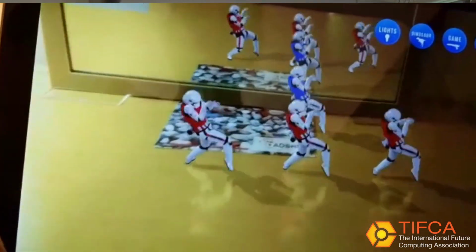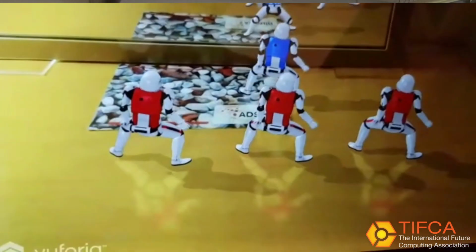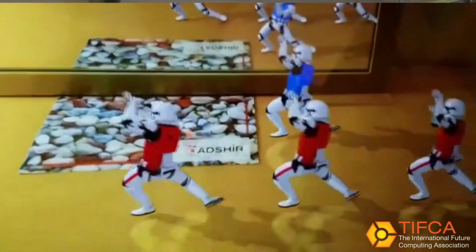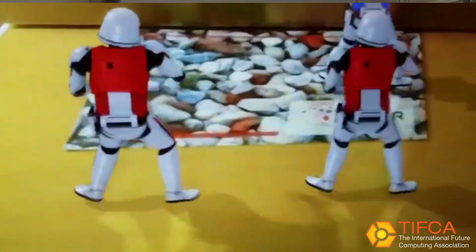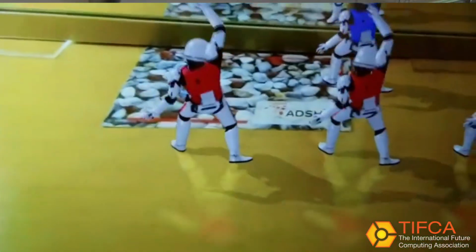They're dancing here, Michael Jackson music, but we cannot hear it, but that's what they're doing. Michael Jackson would have been very proud of it. And this is 40 frames per second.